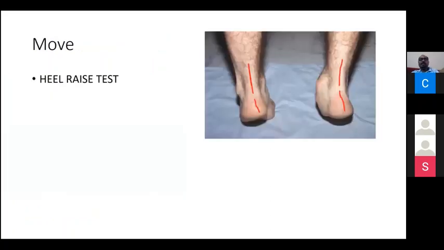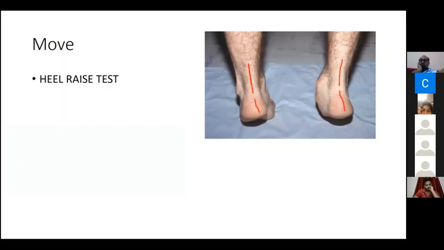And what does this particular heel raise test identify? Whether the patient is able to stand on the toes. Why? What are you looking at?